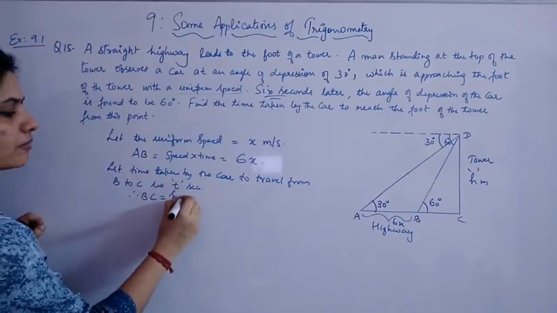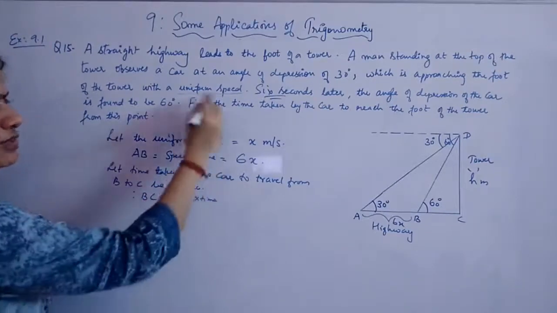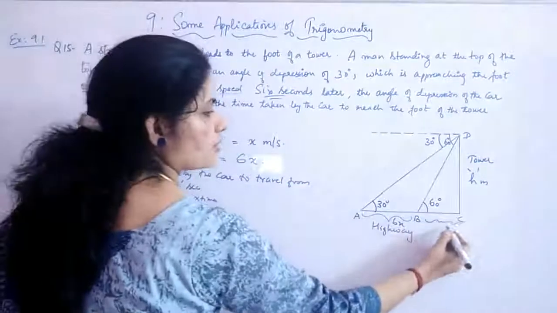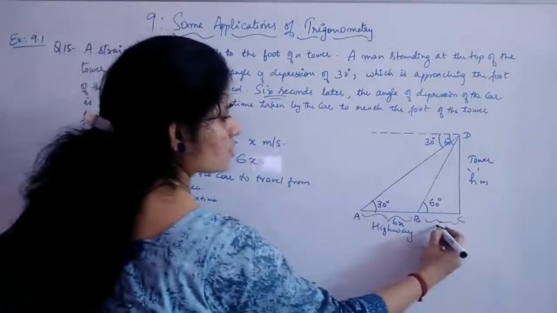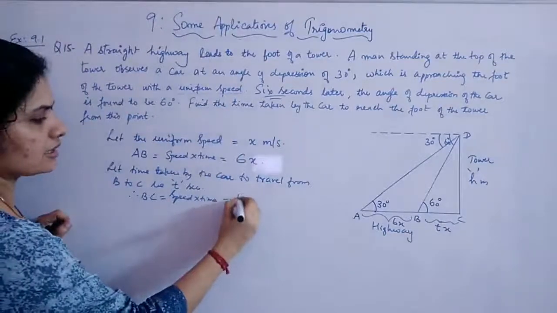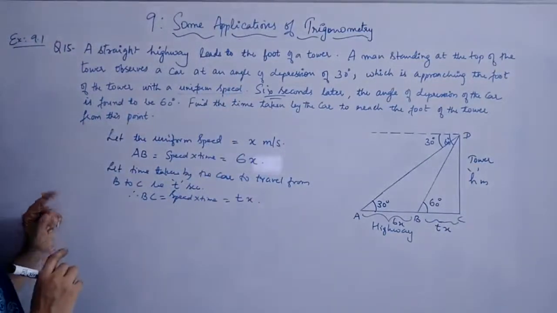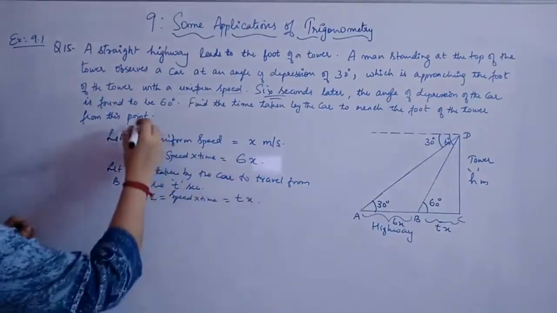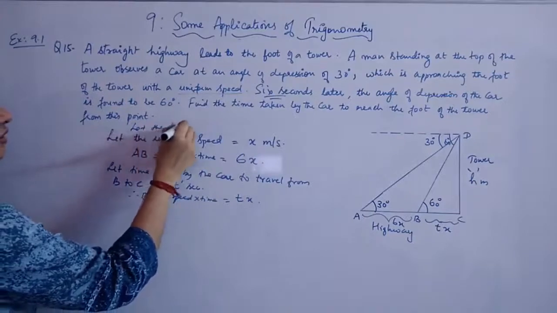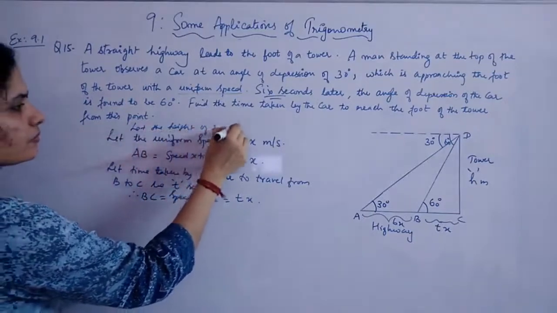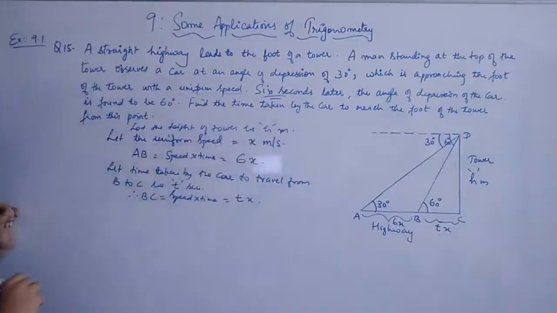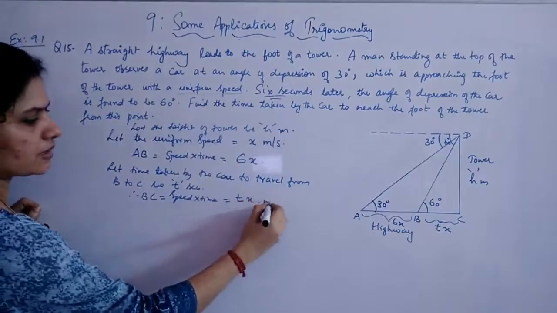Again, speed into time. Speed is again uniform; uniform means it is not changing. So the speed is the same there also. Since t is the time taken, speed into time will give you xt or tx. So BC is tx. Now we have also taken the height of the tower as h. Let the height of the tower be h meters. Clear? So your distance is also in meters.